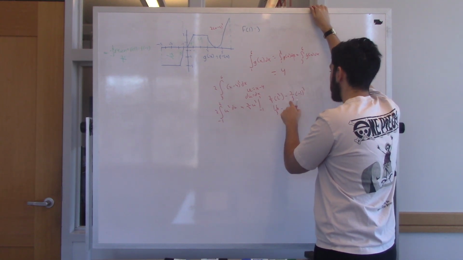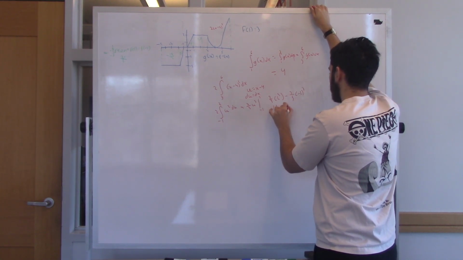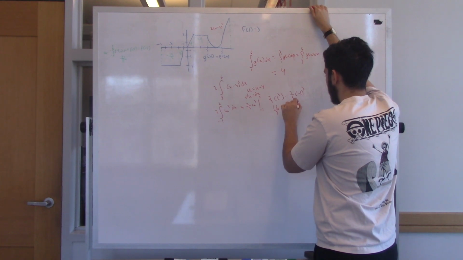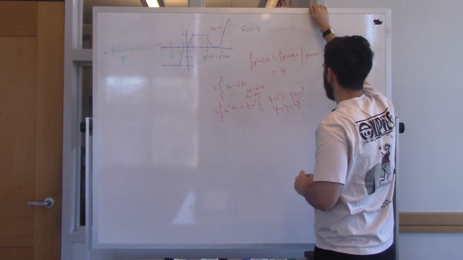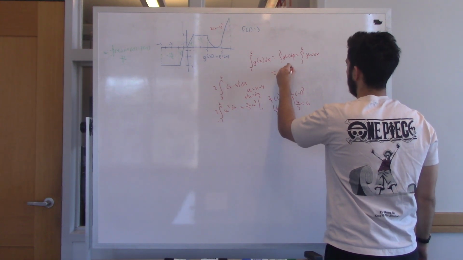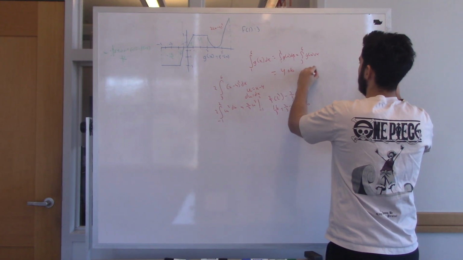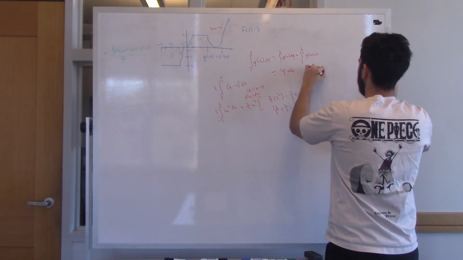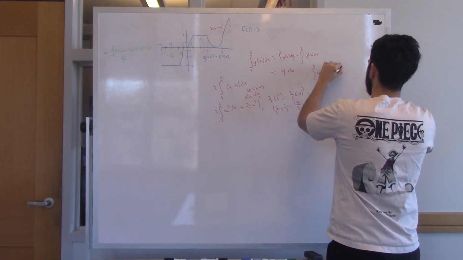So minus negative 2/3 is the same thing as adding 2/3, so you get 18 over 3, which equals 6. So then you get plus 6 here. So the integral from 1 to 6 of g of x is just 10.